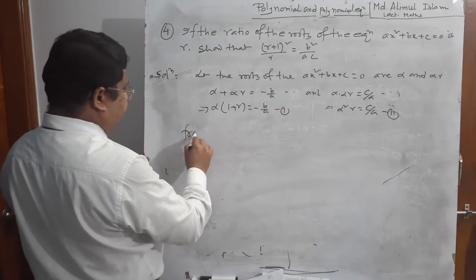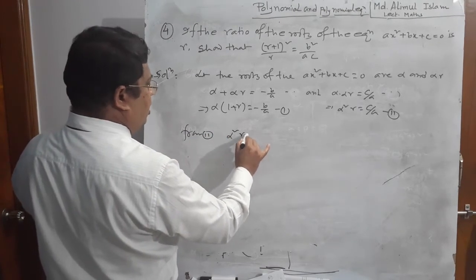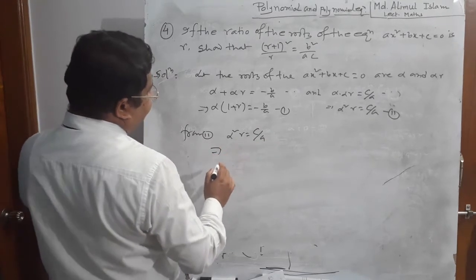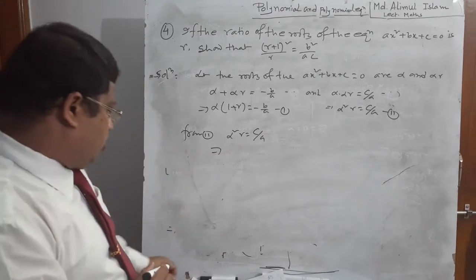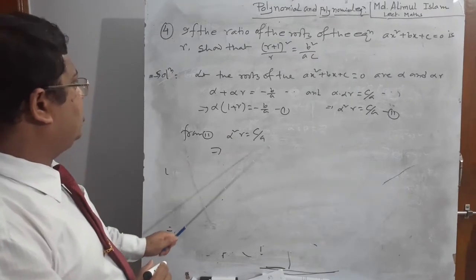From 2, alpha square r is equal to c by a. What are the two roots in here? Alpha, alpha r, product c by a.